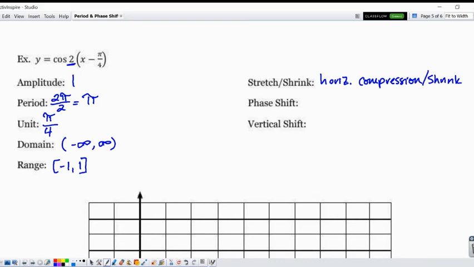Our phase shift, when we identify that transformation, we're going to go to the right by pi over 4, and we have no vertical shift. Nothing's been added or subtracted to the end of our function.